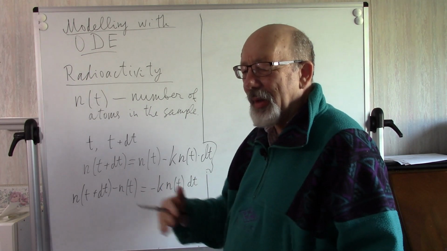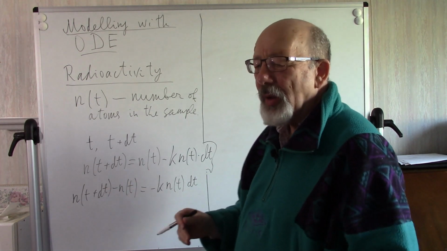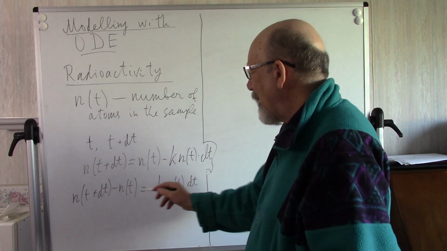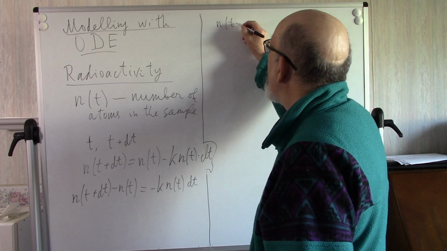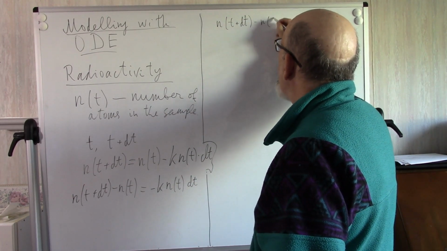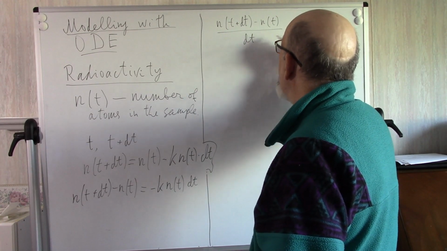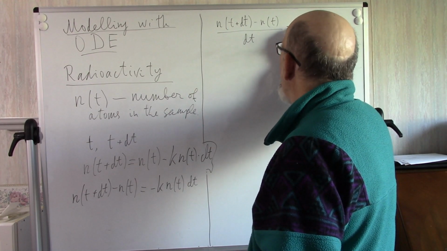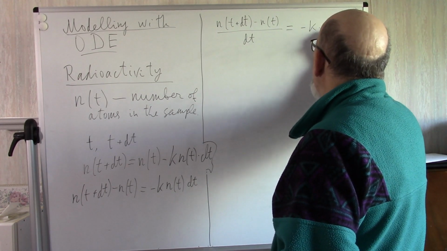So dt should be not very small and not very large. Okay, for now let us write this: n of t plus dt minus n of t, divided by dt, equals minus k times n of t.